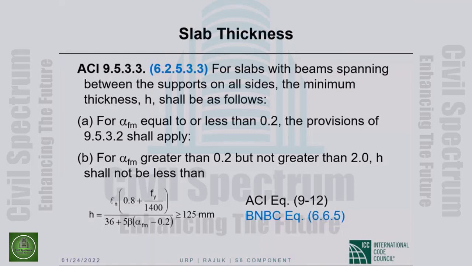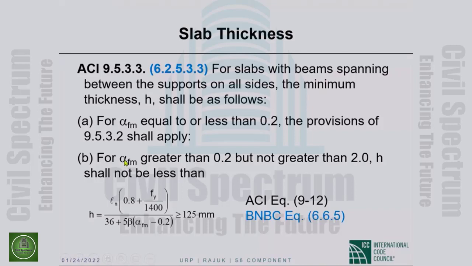If the beams supporting the slab panel on 4 sides are not very stiff as indicated by alpha sub m equal to or less than 0.2, then it will be treated as a flat plate, as if the beams were not there for the purposes of minimum thickness.